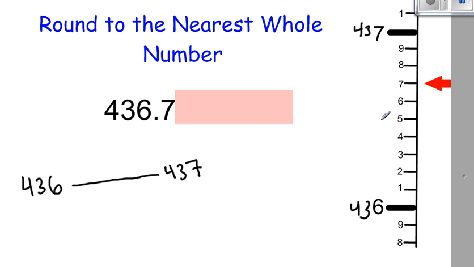Now, you can tell that that's more than halfway. So the number got more than half of the distance towards 437, and therefore we round it to 437 because it got pretty close to 437, and it's closer to 437 than 436. So because of this 7, our answer is round up to 437.